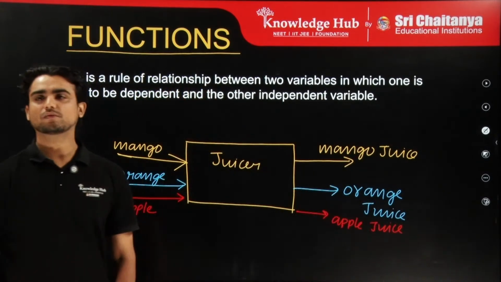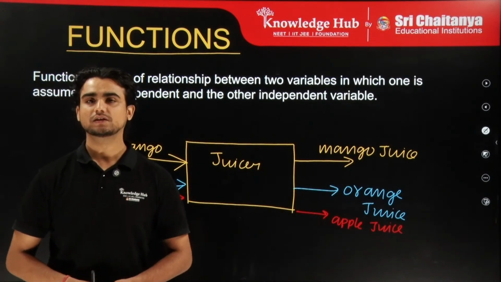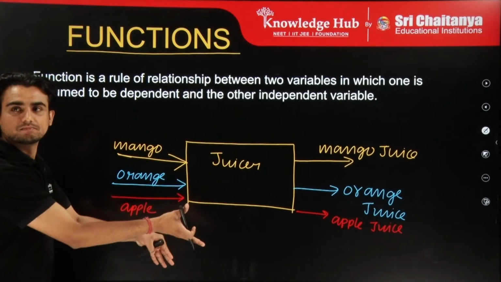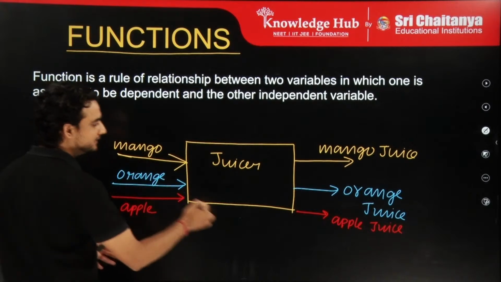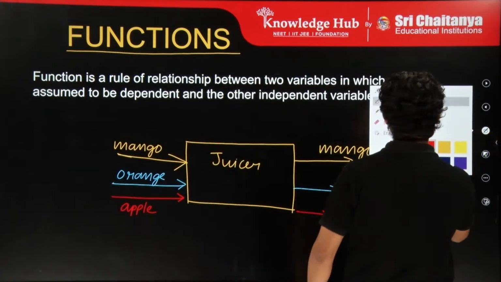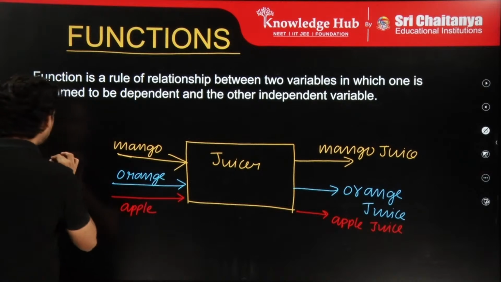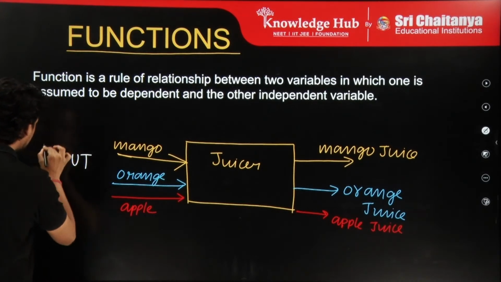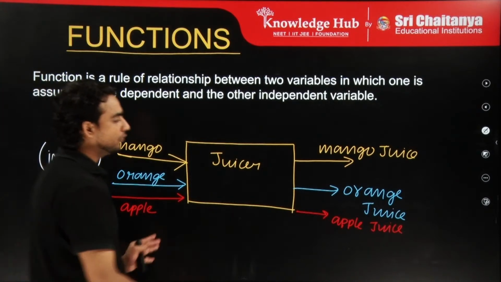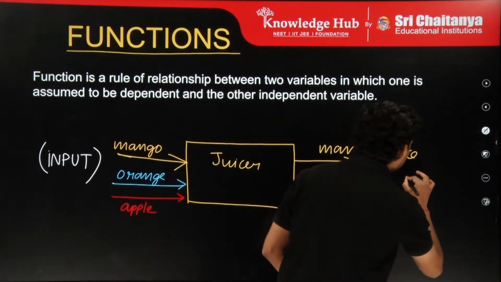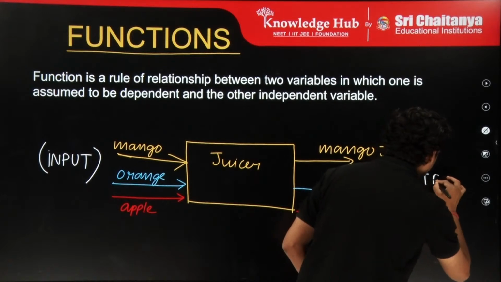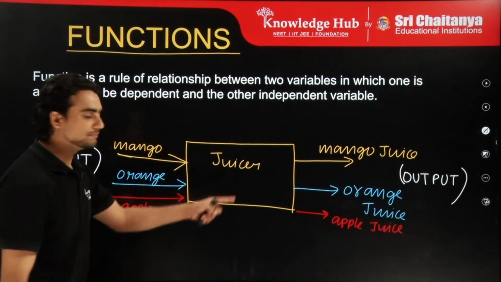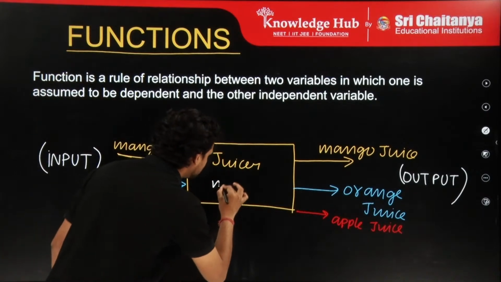Now what I'm trying to say is, what is this? This is what I'm putting inside my machine. So can I say that this is my input? This is my input basically. And what I'm getting outside is my output. This is my output, and this is my machine.